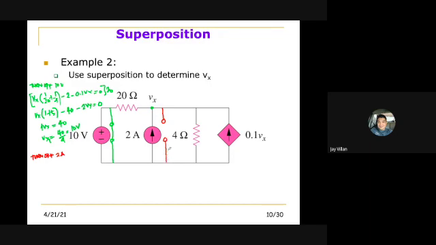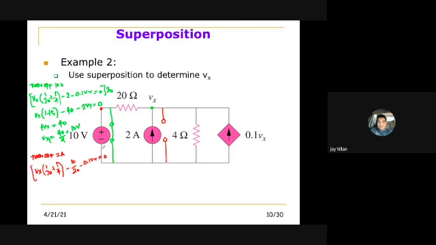Okay, so apply nodal analysis. So Vx times 1/20 plus 1/4. Okay, minus, no? Naa tay voltage diri. So minus 10/20. Okay. Then current entering. So minus 0.1 Vx is equal to 0. Okay, now?